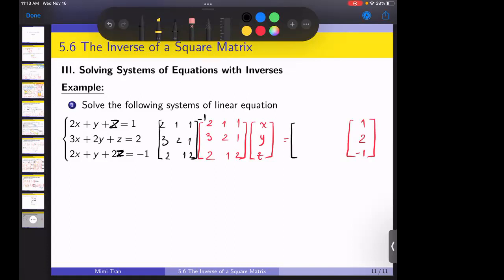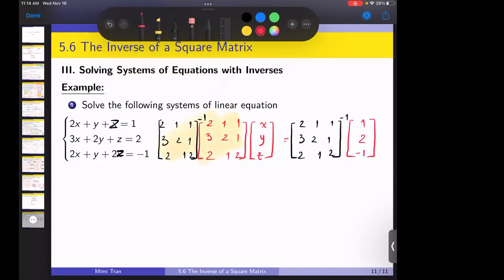Make sure you put it on the left of the column B: 2, 1, 1, 3, 2, 1, 2, 1, 2. So far, so good. Multiply both sides by A inverse. On the left hand side, A inverse and A cancel, right?